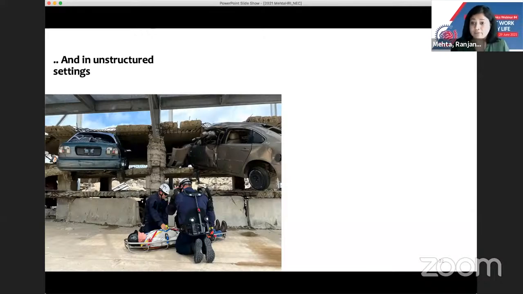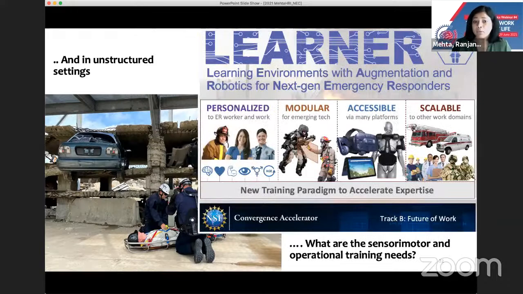So we are looking at the use of exoskeletons in emergency response, and at what some of the sensory motor training needs are, as well as the operational training needs. So we are developing a training platform for first responders to use these augmentation technologies and figuring out how we can train them in the use of these technologies.